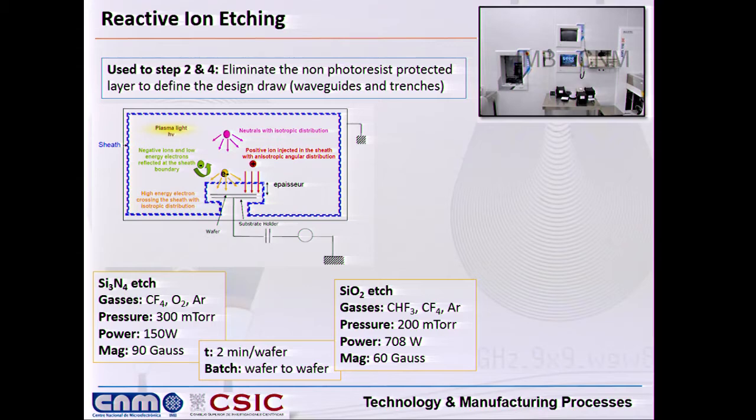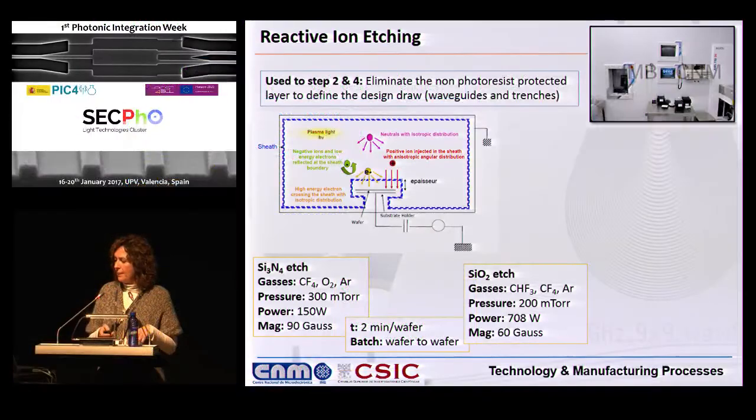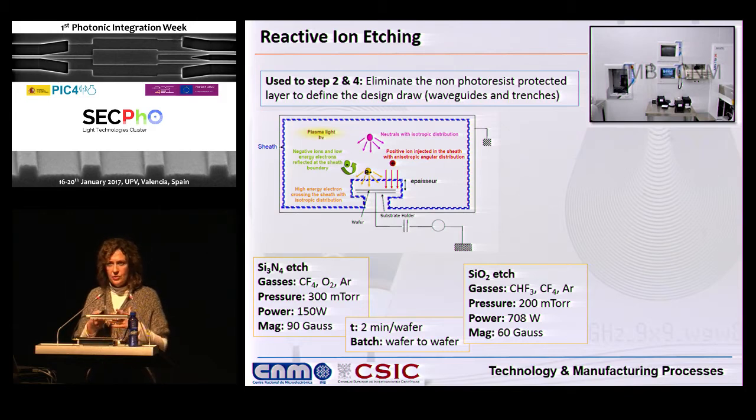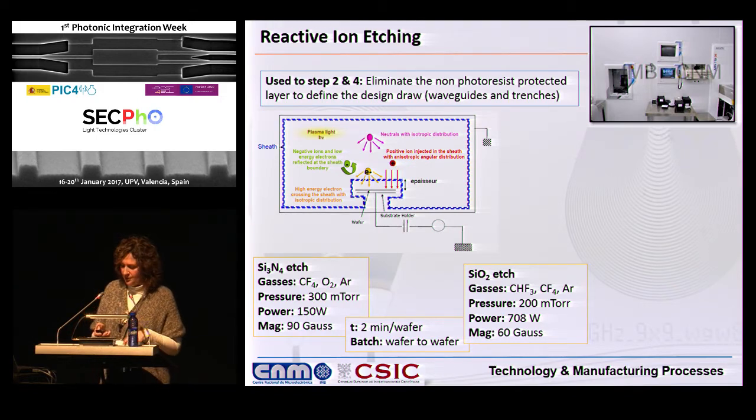The process consists of, in a chamber, we put some reactive gases, and the radio frequency makes a plasma, and those gases are able to react with the layer which is not covered by the photoresist. So you can remove all the excess layer that you do not want on the wafer.